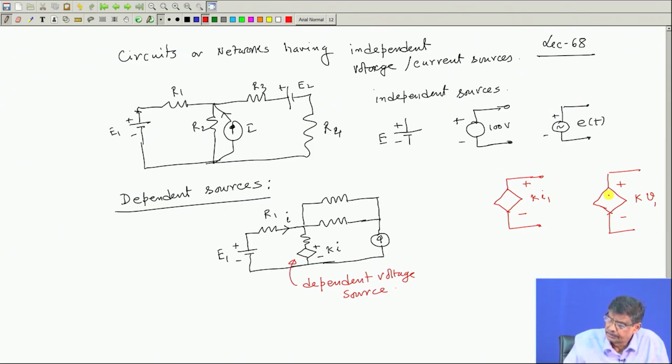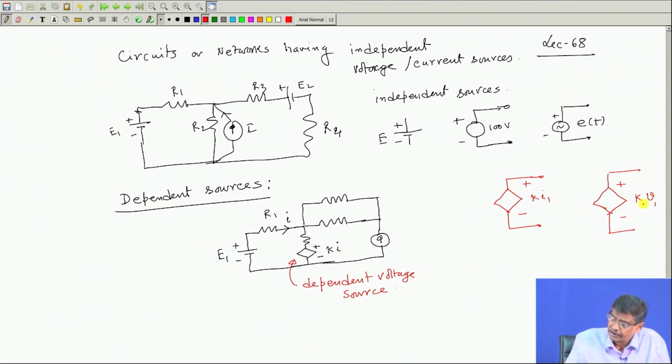So this dependent voltage will be marked with polarity with a diamond shaped symbol like this, and the relationship, the magnitude of the voltage, will also be clearly written, so that you know what it depends on. Naturally the voltage between these 2 points will depend upon the voltage in some branch, which is V1. It simply tells that.